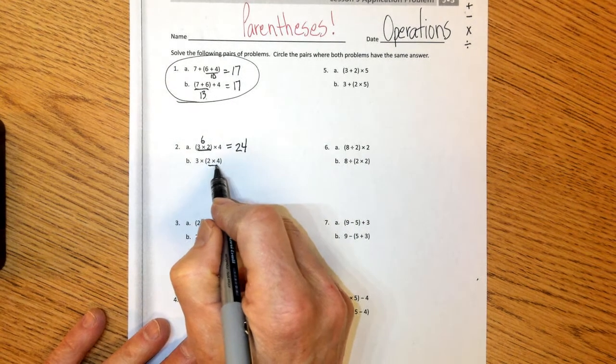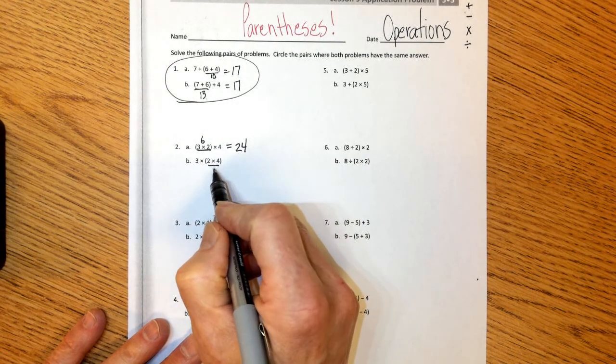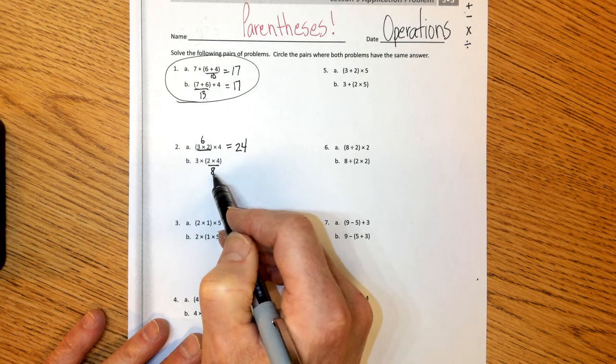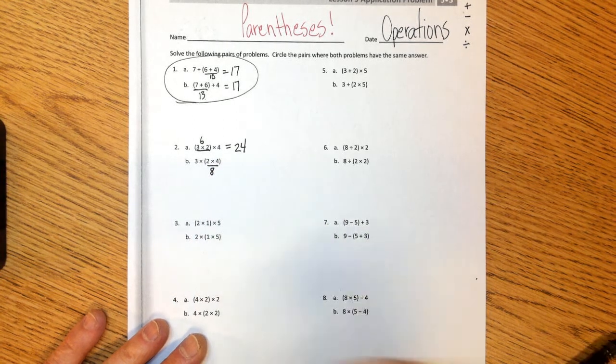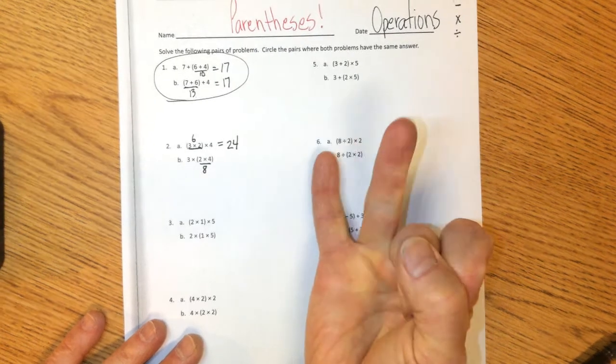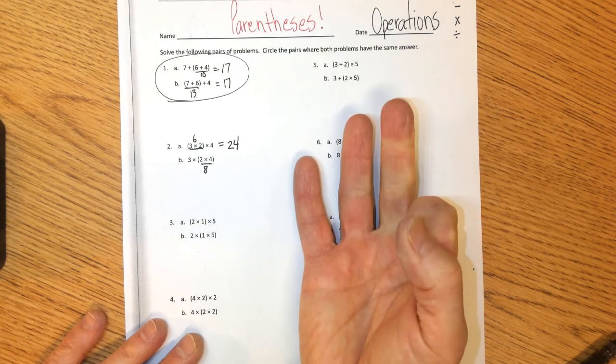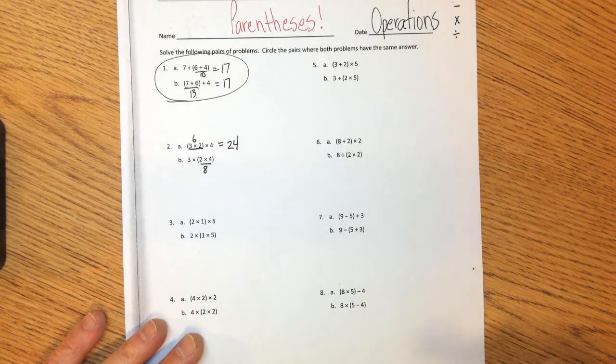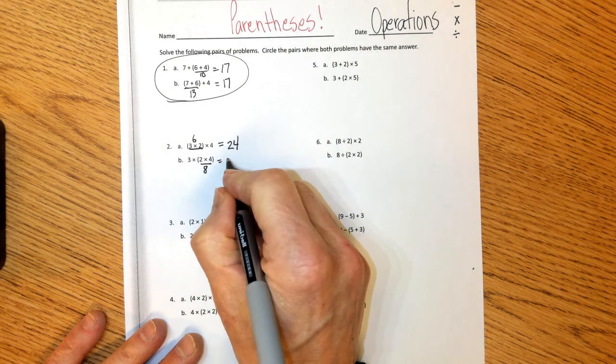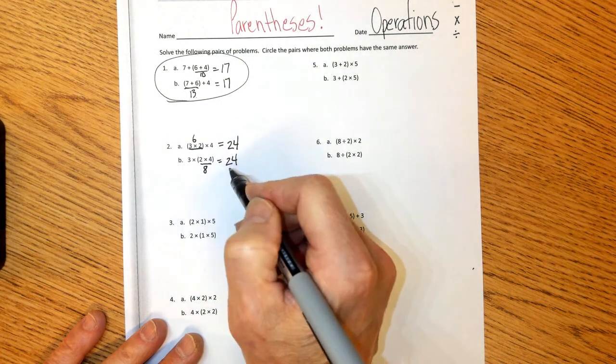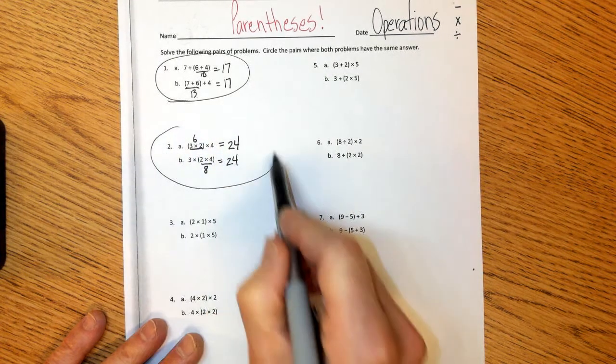In the parentheses, 2 times 4, 2 groups of 4, and that is 8. 3 times 8, or 3 groups of 8. Let's count by 8. 8, 16, and 24. Wow, this is interesting. 24 and 24. We circle.